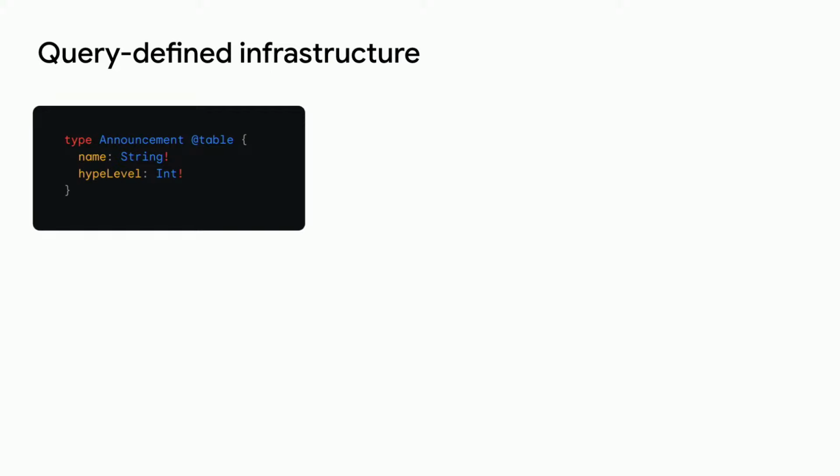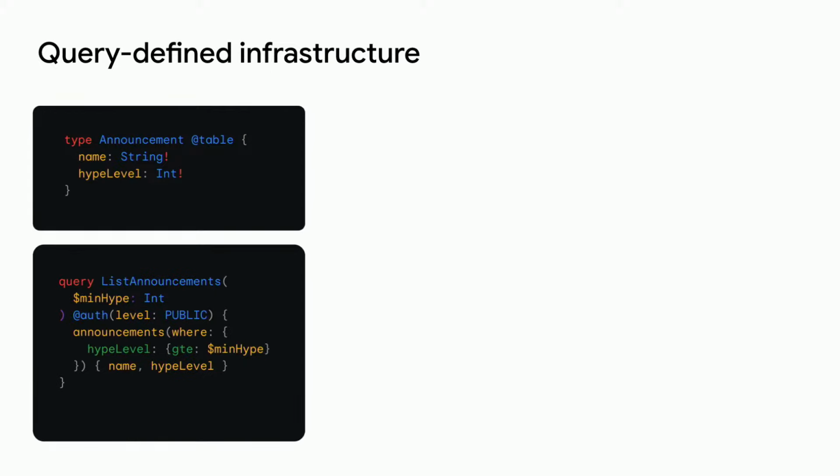So you'll see here on screen that this is a definition of my schema. And this is just one table that's defined in my schema called announcements. And this table, along with this query that I've defined, define my infrastructure. So I can focus on my business logic, defining my schema and my queries, and Data Connect handles the infrastructure and the rest.